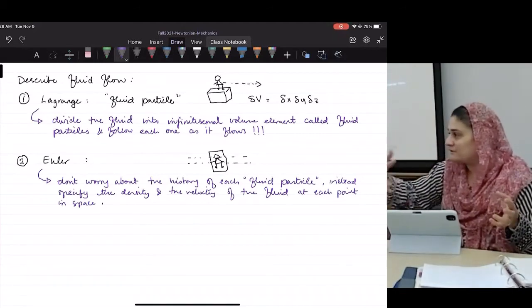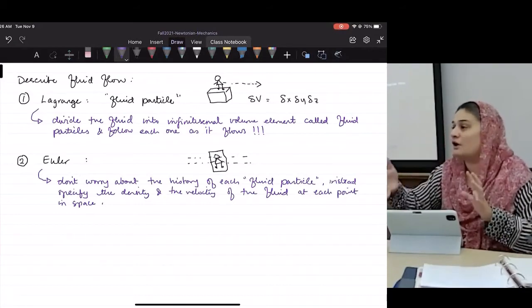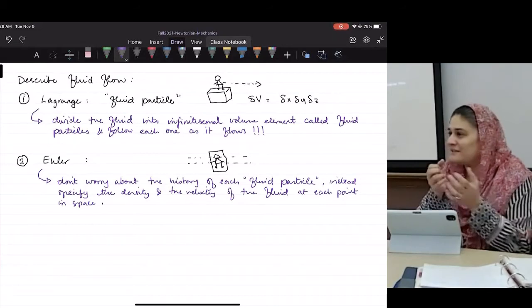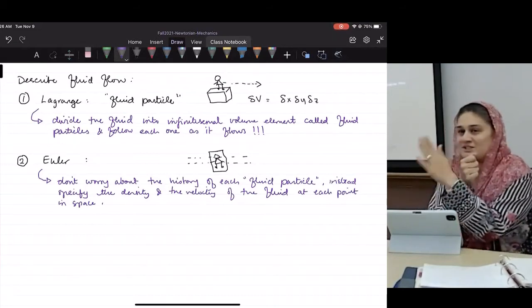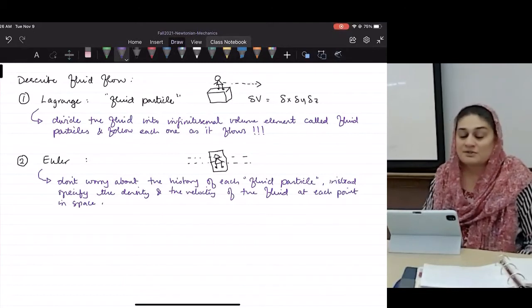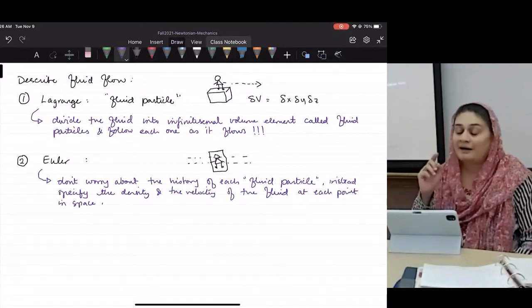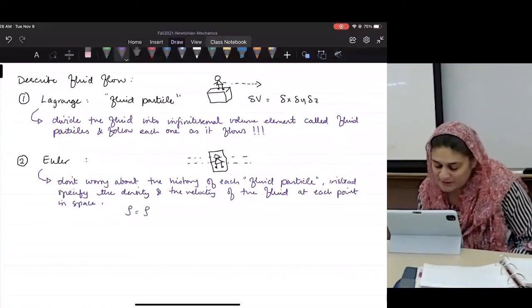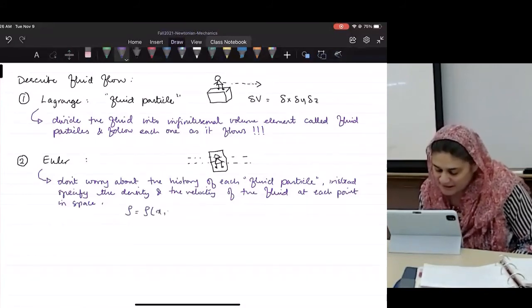So it's like policemen. As the traffic flows through, they don't follow each car. They just stand at one spot, put the motion detector there, and watch as the cars go by. Right? Okay, so that is actually good. However, in this case, what he said was that my density will now be a function of x, y, z, and time.